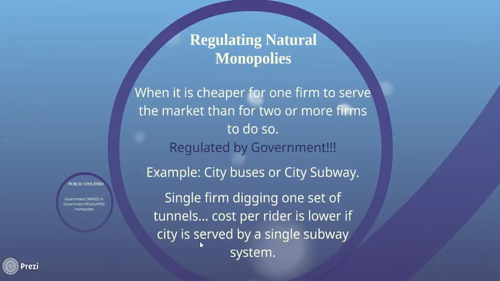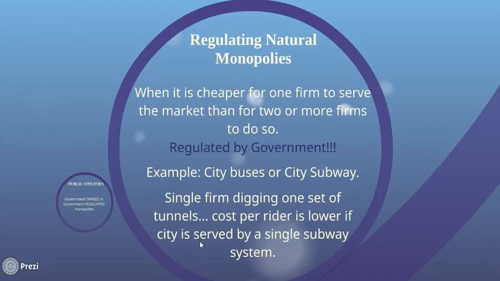Natural monopolies. Competition usually forces the price lower than it would be if the products were sold by a monopoly, but there are rare instances when a monopoly can produce and sell the product for less than could several competing firms. And the greatest example that we could come up with was a city's subway service.